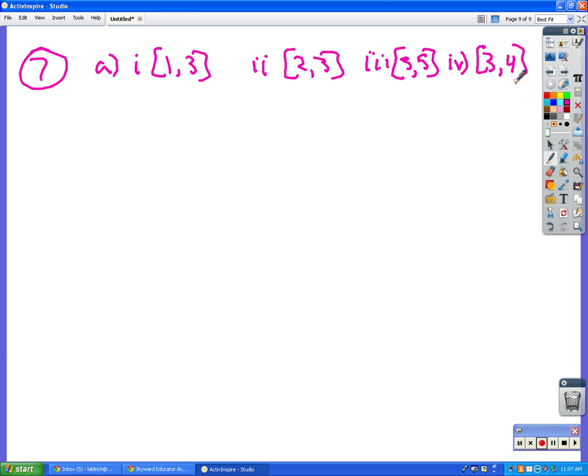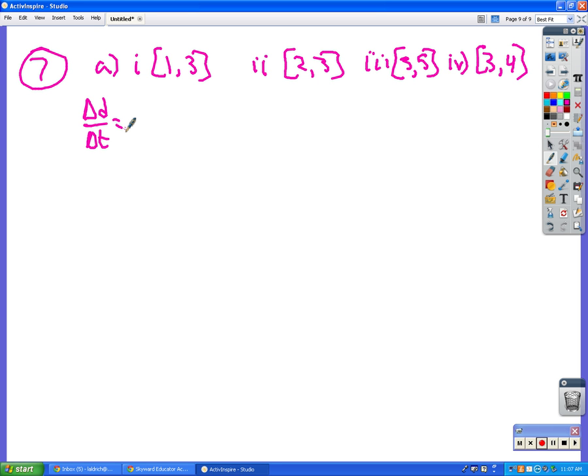So. Okay, 7A. It's like, find the average velocity for each time period. So this is going to be just change in distance divided by change in time, right? If you look at the chart, what is the location at 1 second? 1.4. What's the location of the cyclist at 3 seconds? 10.7.